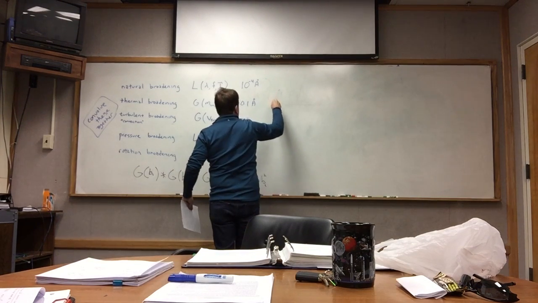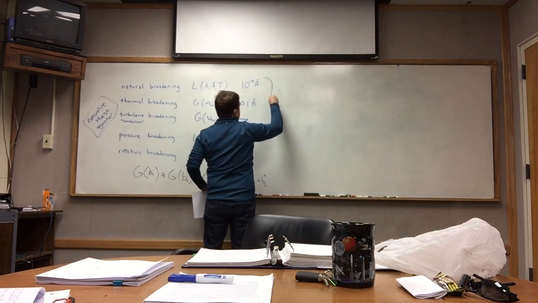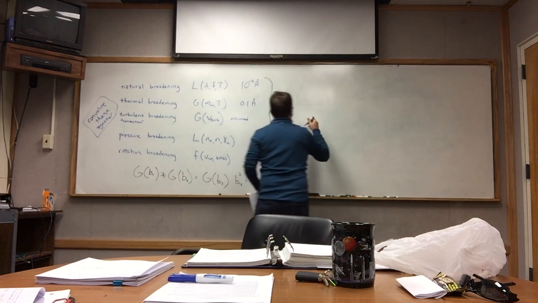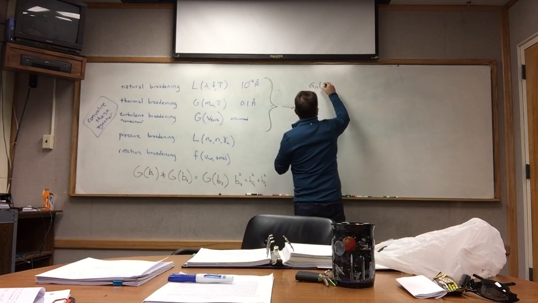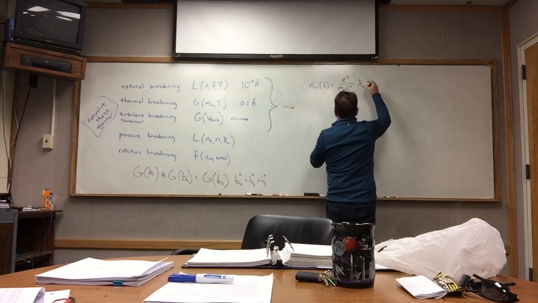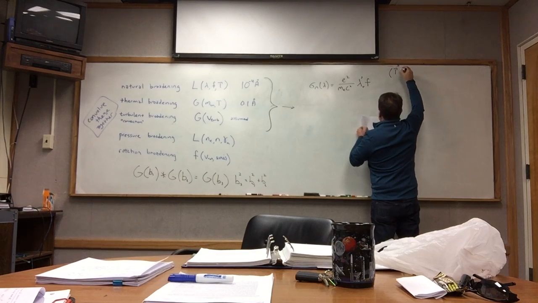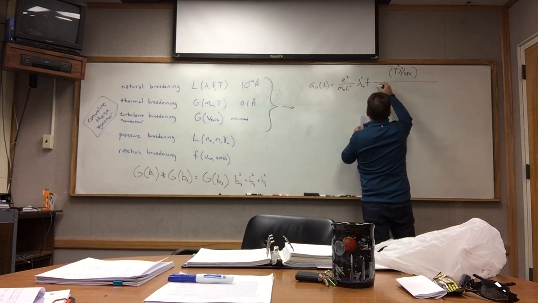If we take these three, we have the natural, which is e squared times e c squared, lambda, the transition squared times the oscillator strength, times this beautiful thing. I'm doing it in wavelength space now because we're used to working in wavelength space.